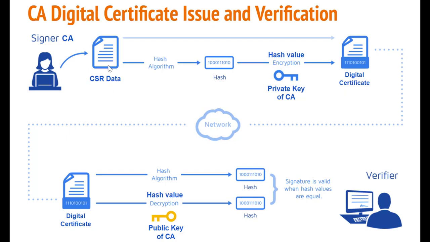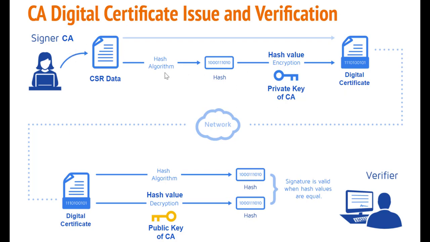Here, as you can see, the CSR data is used for making a hash value after applying the hashing algorithm, and once the hash value is generated, the CSR data is signed by the CA.